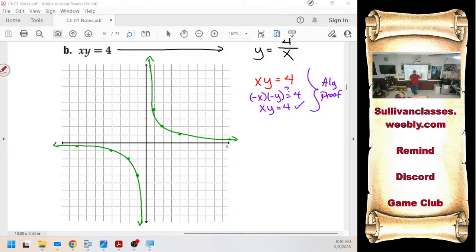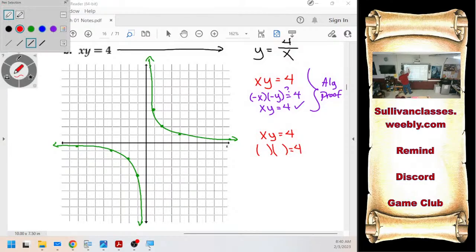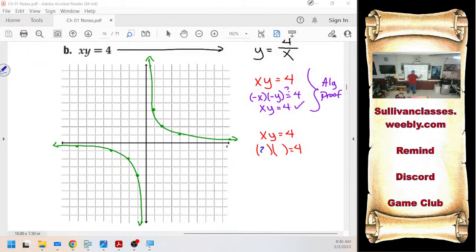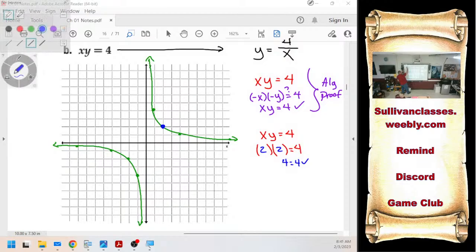Find me a coordinate. 2, 2. So first, I have to show that coordinate actually is on my function. I'm going to plug in 2, 2. Yay, 4 equals 4. So this is actually on my graph. I have proven that. Now I prove that its evil doppelganger is also on my function.